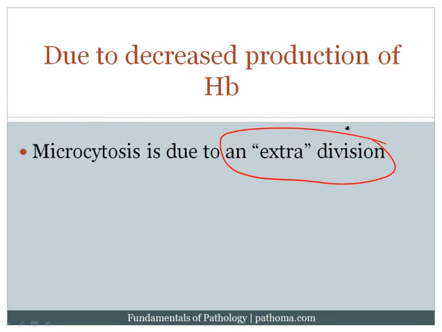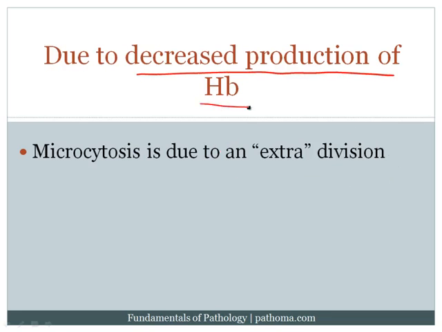Now the next question we could ask is why? Why would the red blood cells undergo an extra division? And the answer, at least the way I think about it, is that microcytic anemia is always a problem of decreased production of hemoglobin. So in each of the microcytic anemias, the problem is the decreased production of hemoglobin.